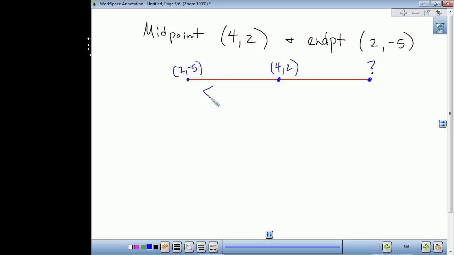So I move 2 horizontally. Very good. And how do I move vertically? 7. Okay? So if I do that same move here, 2 horizontally and 7 vertically, won't that take me to the other endpoint? So the other endpoint is (6, 9).